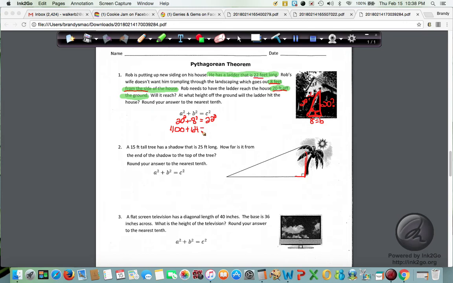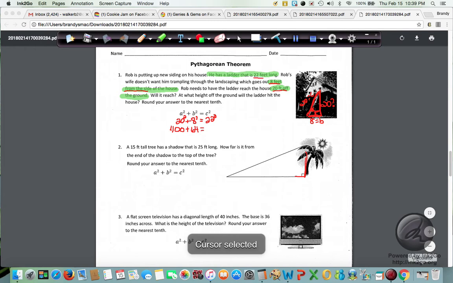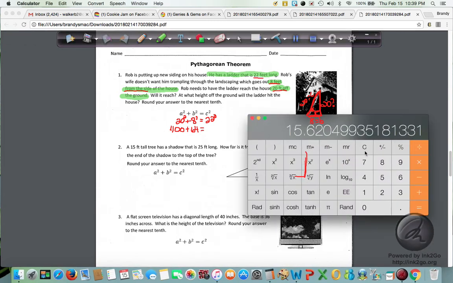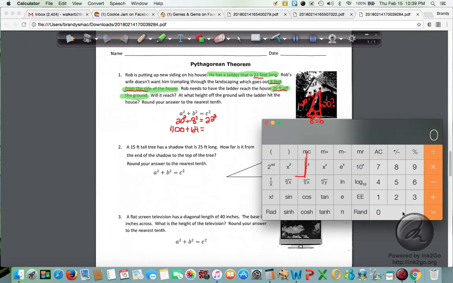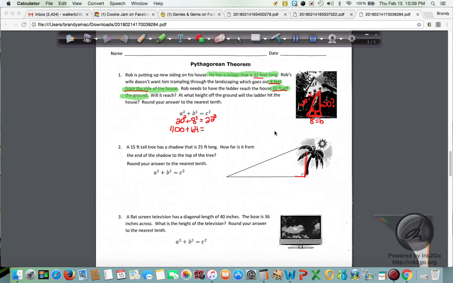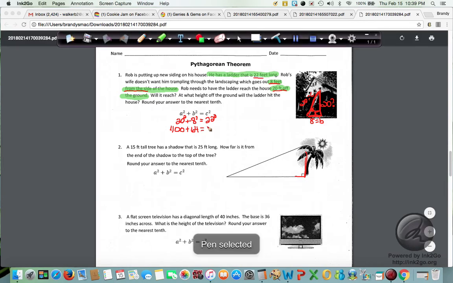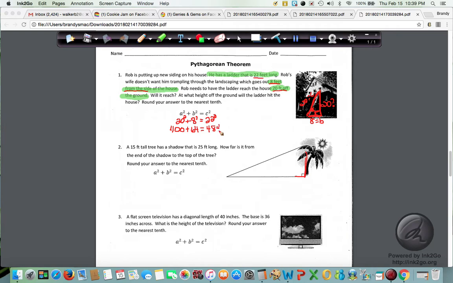I've got to be honest with you guys, I don't even know what 22 squared is. So I'm going to come over here, grab my handy dandy calculator, and I'm going to say 22, and hit my squared button, 484. So I'm going to write 484. Okay, so 400 plus 64 equals 464.